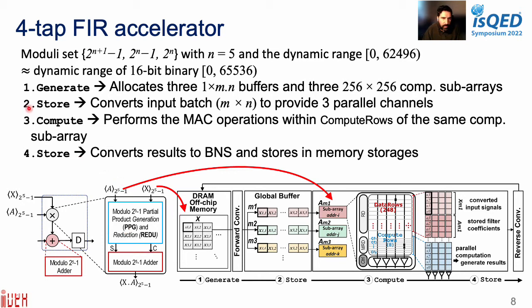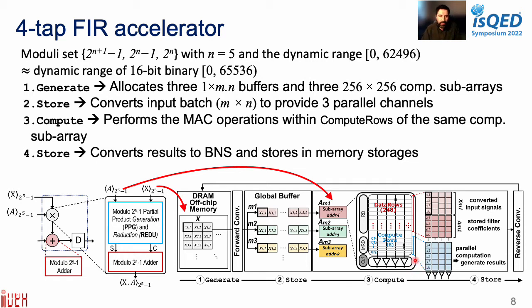First, the generate procedure allocates a 1 by mn buffer, where m and n are input dimensions, and three 256 by 256 computational subarrays consisting of data rows and compute rows for storing and computing needs.